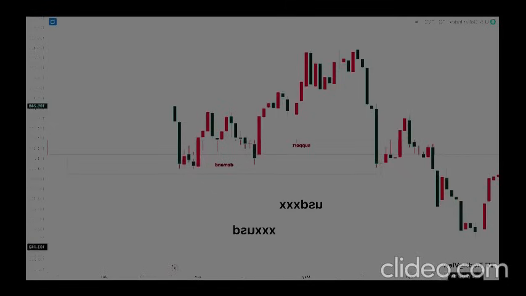So after analyzing where your DXY is, you have the advantage of determining the move of other pairs, especially all pairs with USD in them.